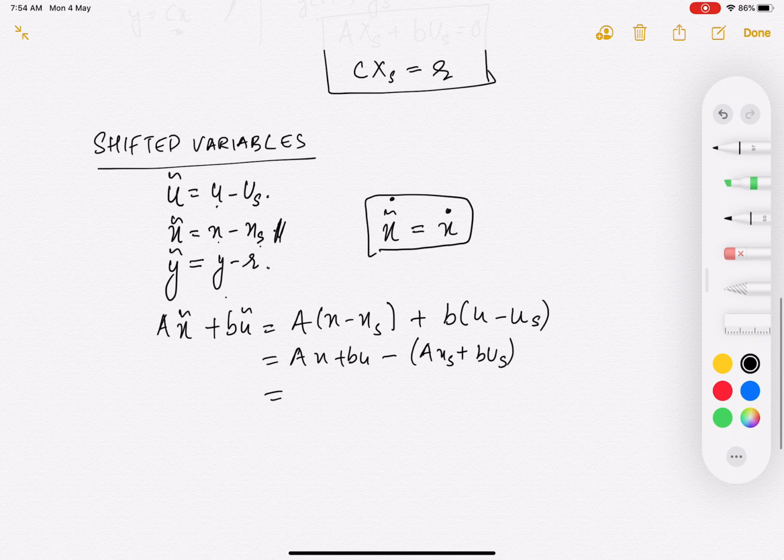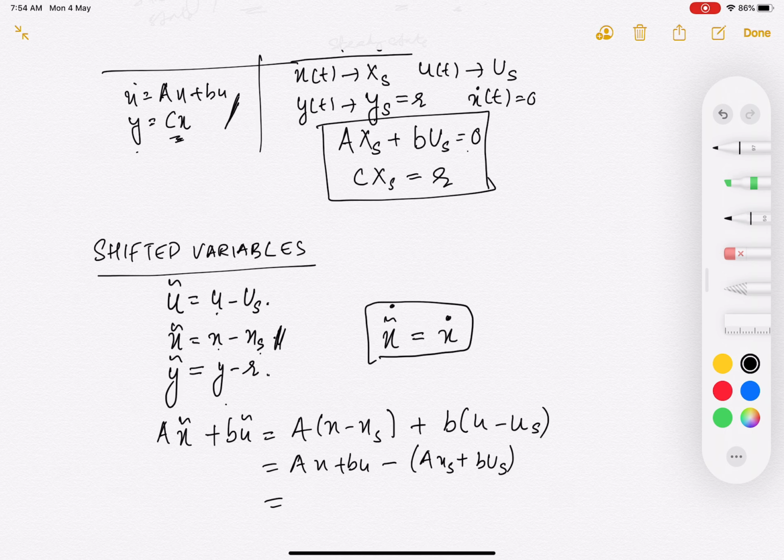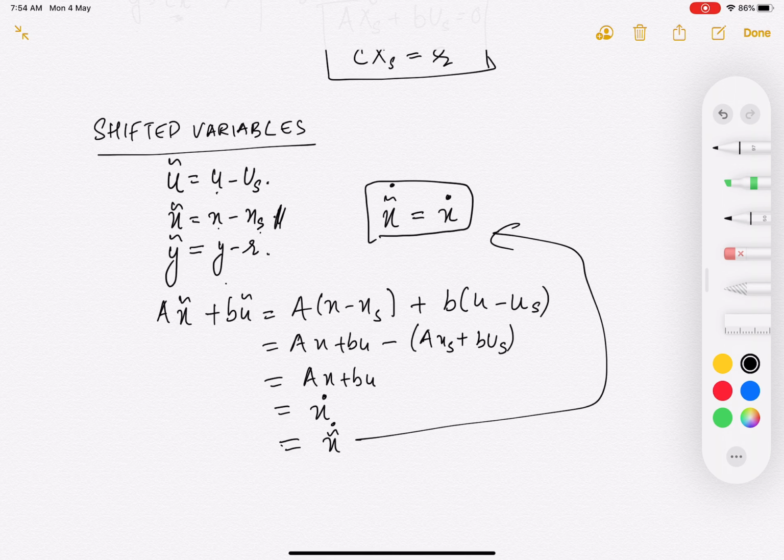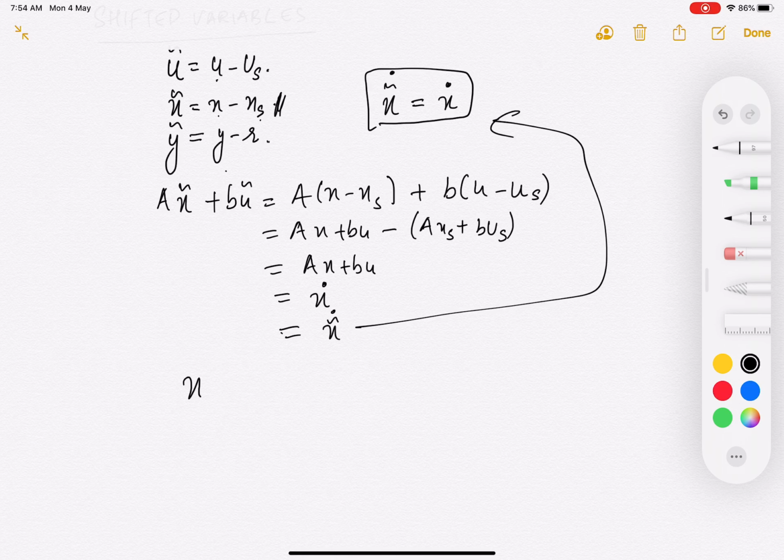And since we already know that a xs plus b us is equal to 0, this is going to be ax plus bu, which is going to be equal to x dot, which is equal to x tilde dot from here. So for your shifted variables also you have this equation, x tilde dot is equal to a x tilde plus b u tilde.